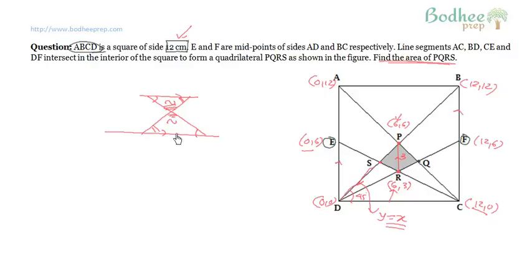So these two triangles become similar. So I'll be using that concept. We can say that triangle ESD is similar to triangle BSC.